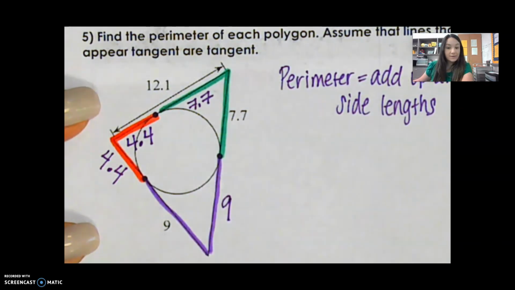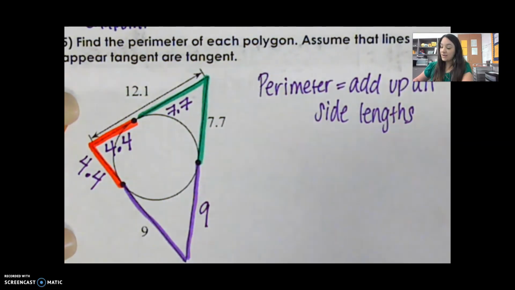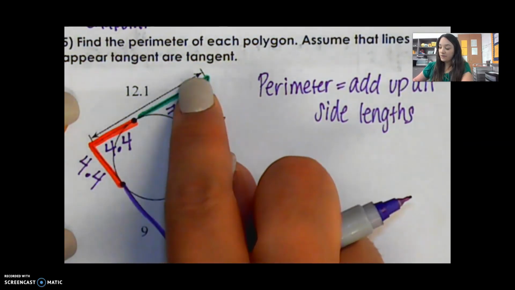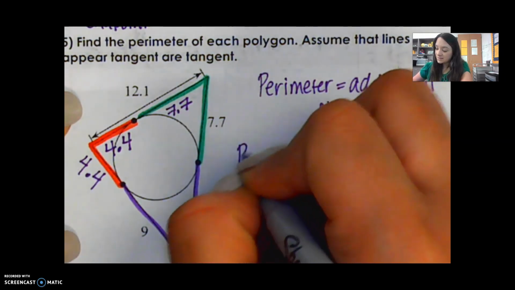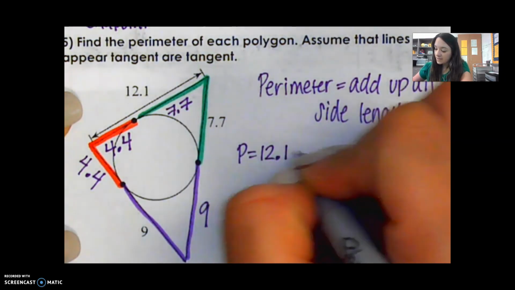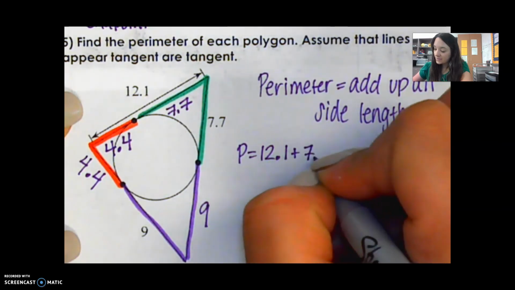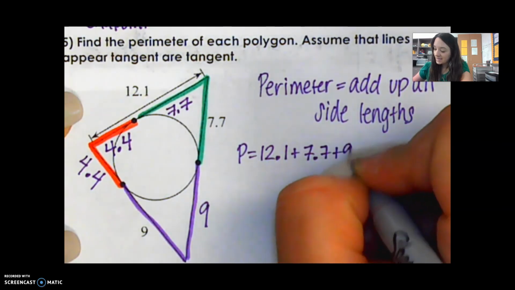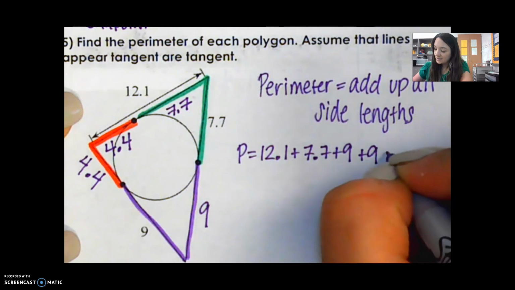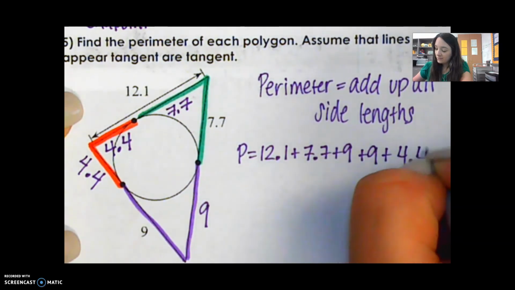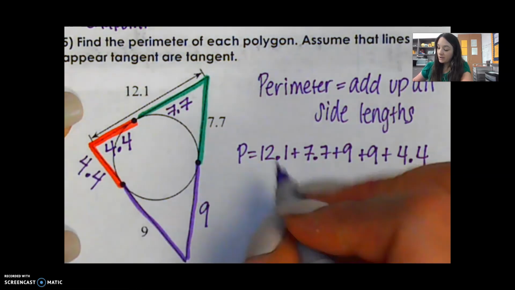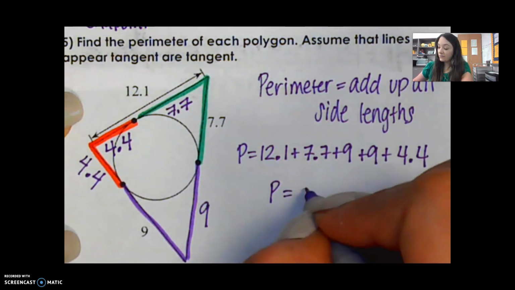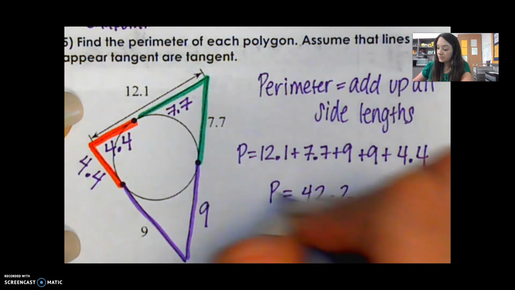And now I need to add up all these side lengths. So the way I'll do that is I'm just going to add 12.1 plus 7.7 plus 9 plus 9 plus 4.4. So that's where I'm getting all my numbers. When I add those up, I get 42.2.